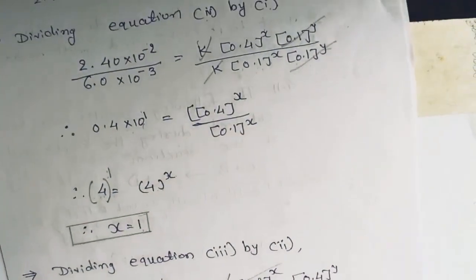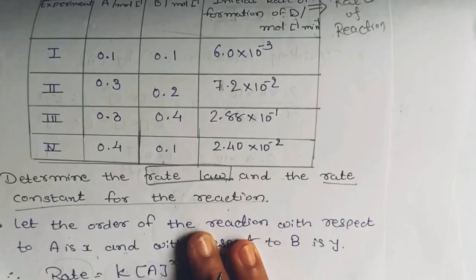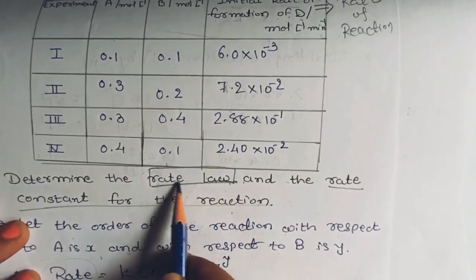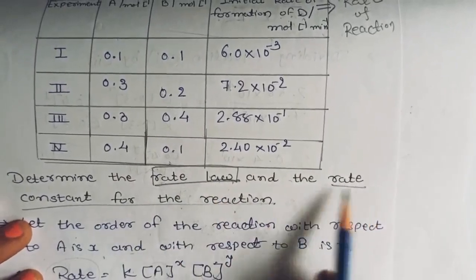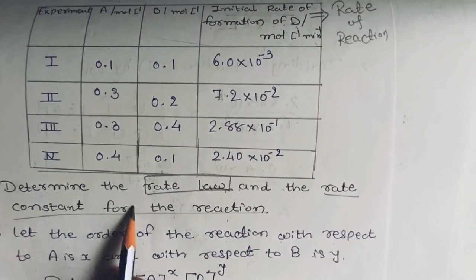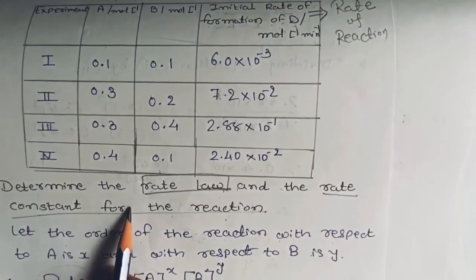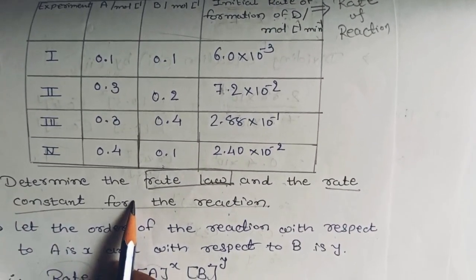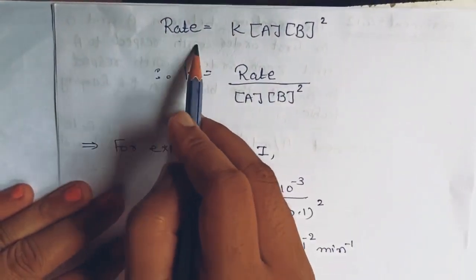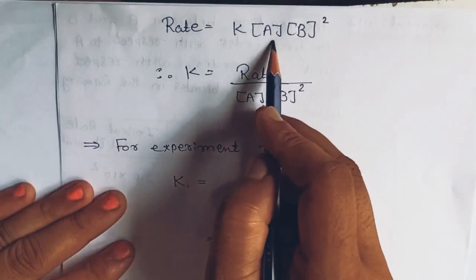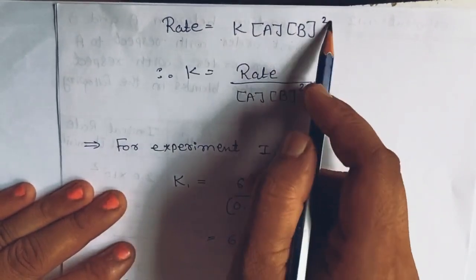Now if you see the question, the first thing, the rate law, we have already found. Now we also have to find the rate constant for this reaction. Here we got the rate law r equal to k, concentration of A into concentration of B squared.